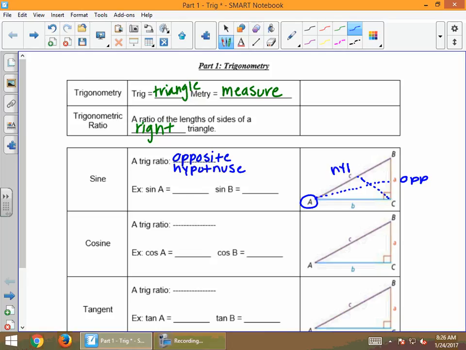That's always going to be my hypotenuse. The side that's left over is what we call the adjacent side. When you're writing these trig ratios, you always want to label your triangles like so. Then the opposite side, when you write the ratio for the sine of A, is little a over the hypotenuse, which we labeled as little c.